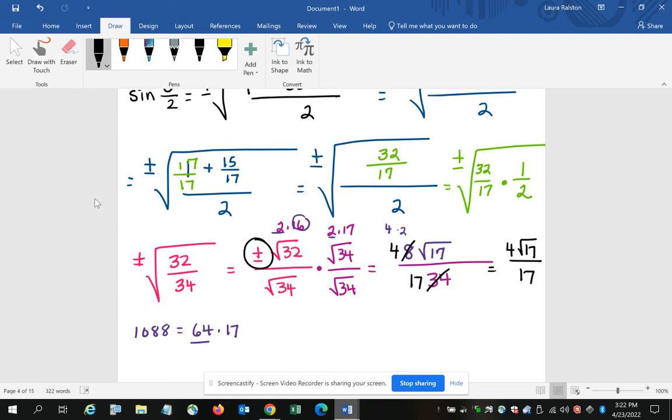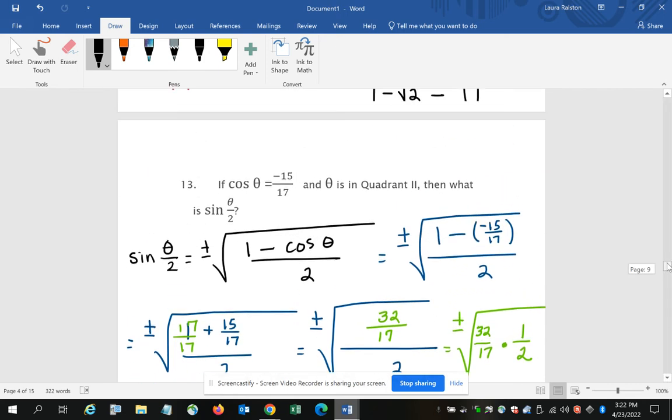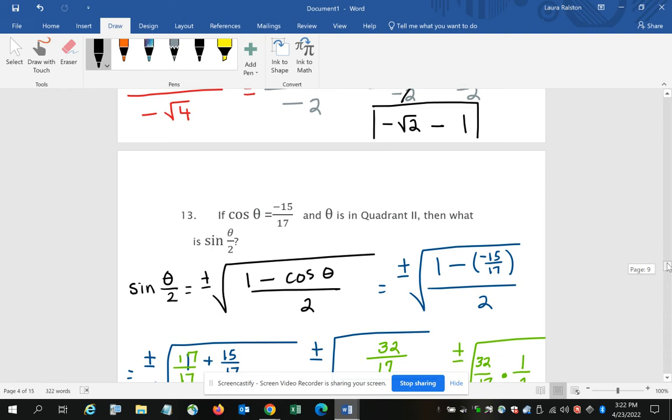But I still haven't dealt with my plus or minus. Okay, so I need to think about whether this is going to be positive or negative. So if I have angle theta in quadrant 2 and I cut it in half, then I'm going to end up in quadrant 1.